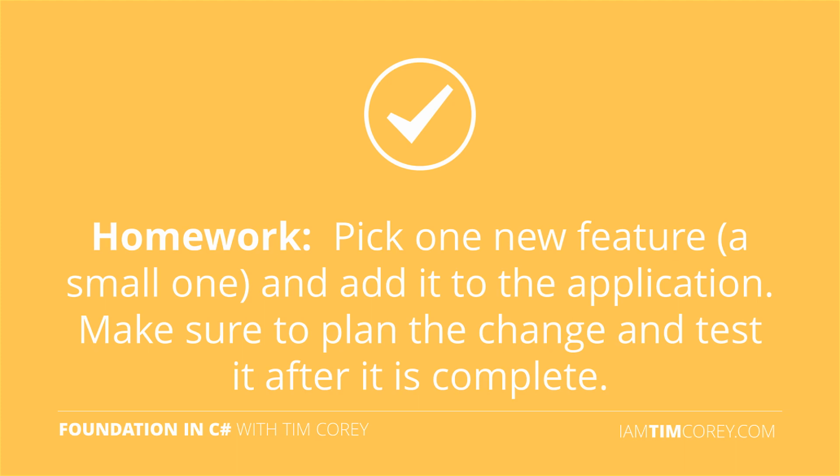Or maybe you want to add a third user or the option to have a third user. That might be a little bigger, a little more ambitious, but try and pick at least one feature and add it to the application. Because just watching me do it isn't going to cut it.